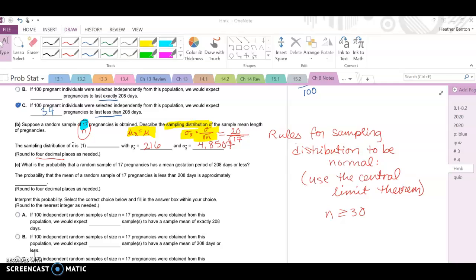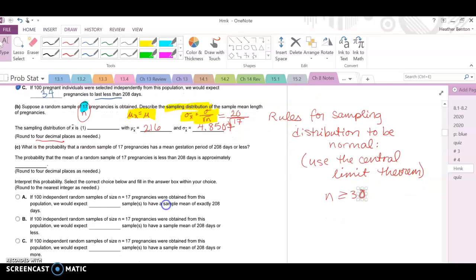Okay, so here on part B, it says, suppose a random sample of 17 pregnancies is obtained. Describe the sampling distribution. So that is a big deal because that's where we have to invoke these adjusted means and standard deviations for the sample, because it's a sampling distribution, that's how we know.